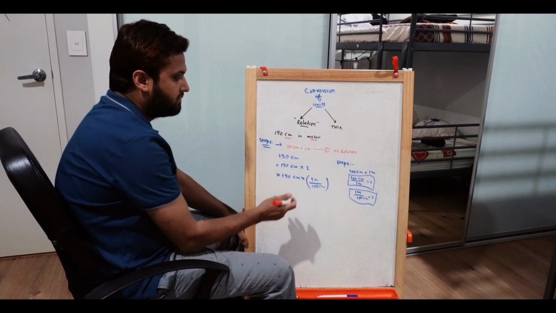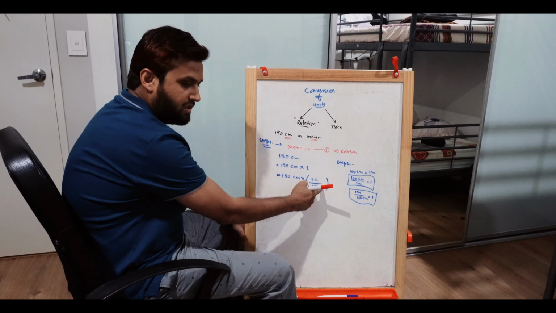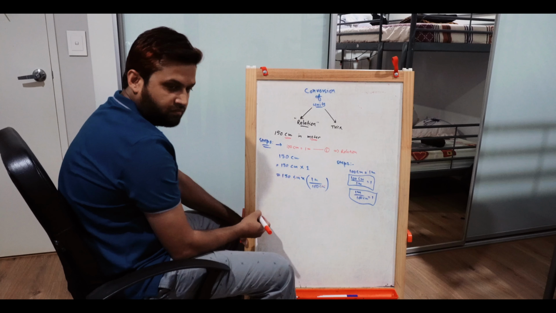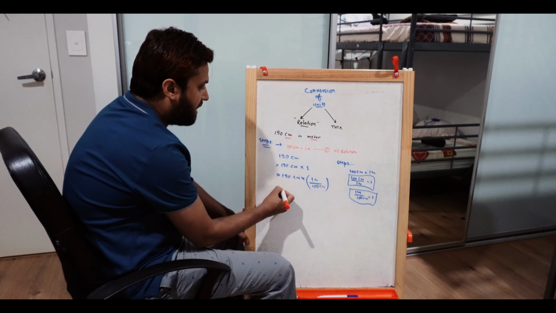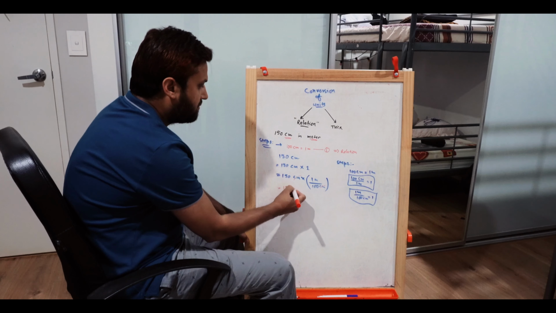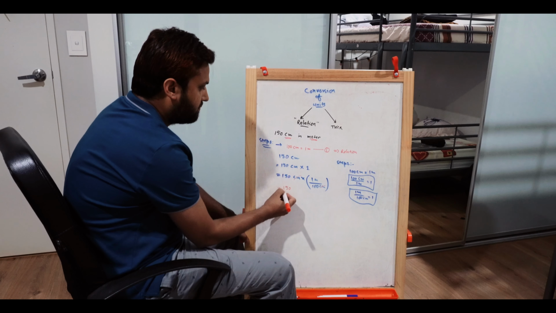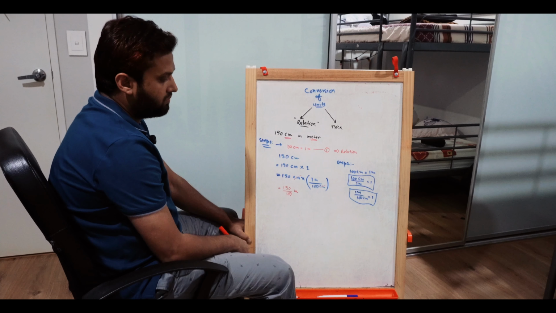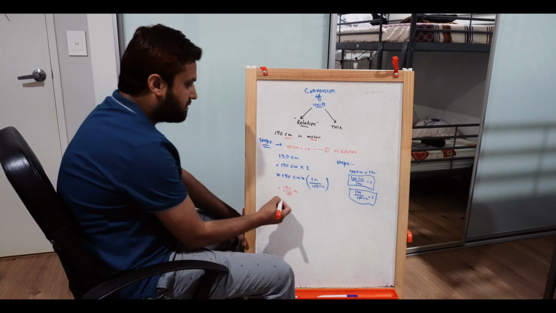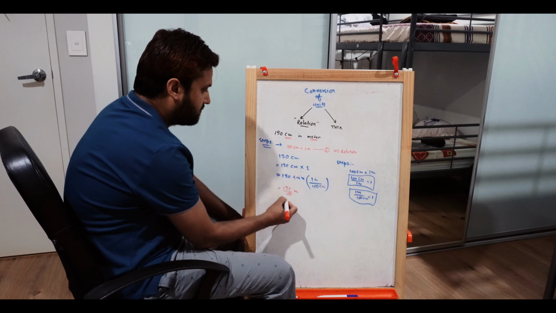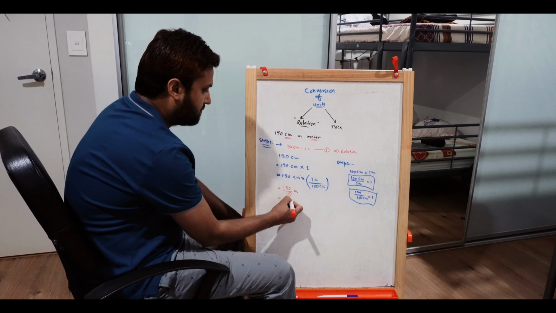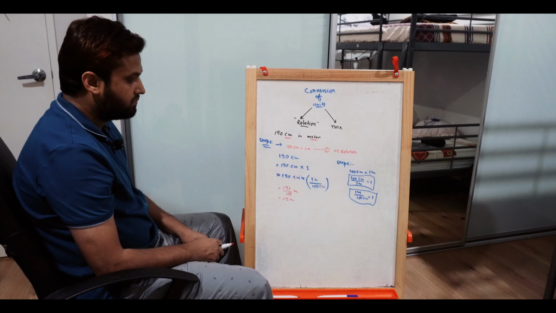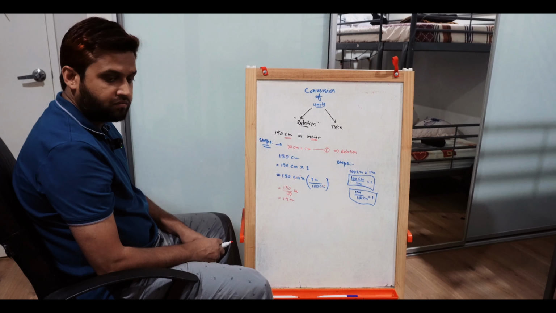What is going to happen is, देखिए सेंटीमीटर भी नीचे है, यहाँ भी सेंटीमीटर है. It will get crossed out. Then what you will have in the end? 150 meter divided by 100. समझ में आया?